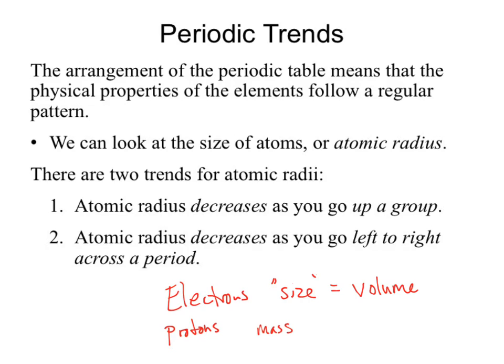So how many electrons would it need to balance out that charge? 1. As I move to lithium, how many protons does lithium have? 3. How many electrons would I need to make a lithium atom? 3. So as we go down the column, we're adding electrons. The more electrons we get, what would we expect to happen to the size? It gets bigger. Does that match our trend?